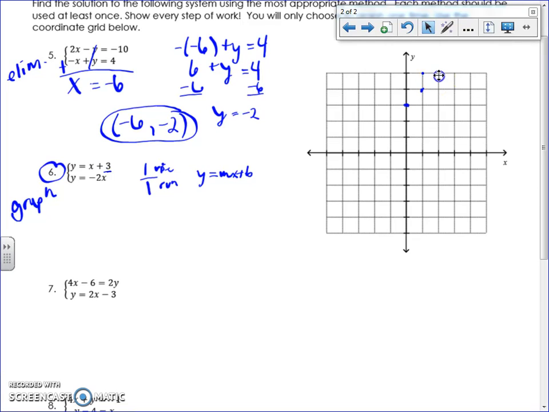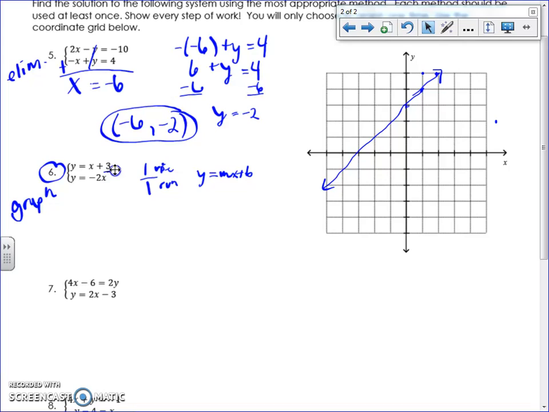Again, rise 1, run 1. And then I would connect these dots. Ooh, I need a ruler. You guys should hopefully have a straighter line than me, since I am using freehand here, but essentially this line is going to go down like that. Okay? So there's my first line.